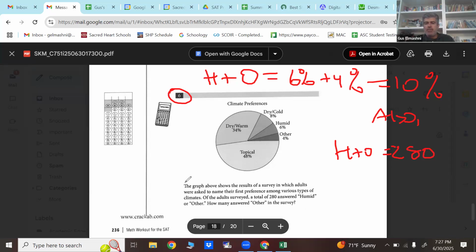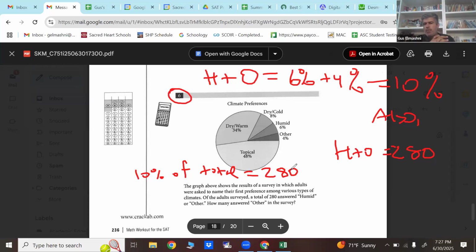So if you think about it, 10% equals 280, and what's 100%? The total. Because if human plus other is 10%, we see that in the pie chart, and it tells us in the problem itself that they're 280, then 10% of the total is 280.